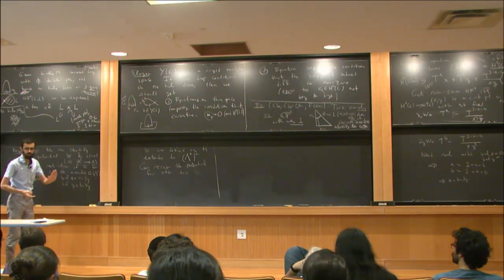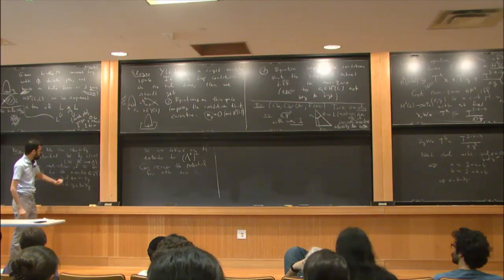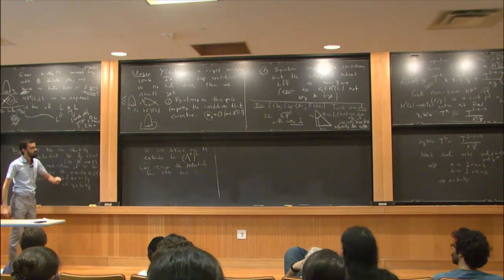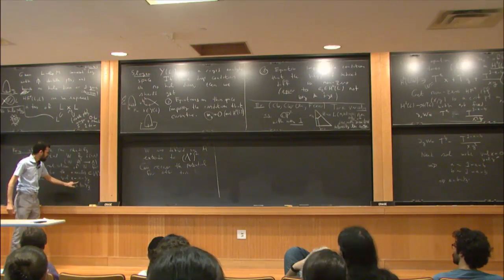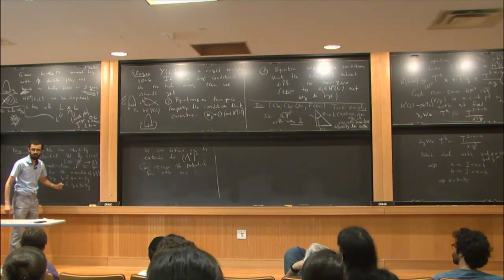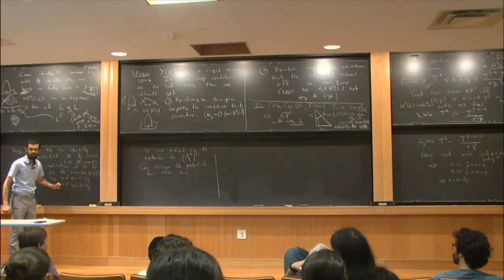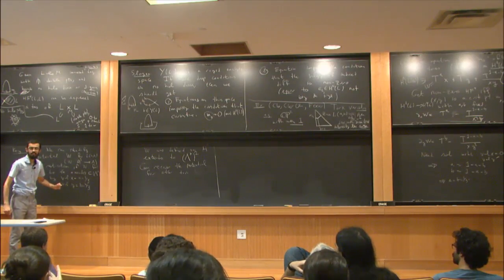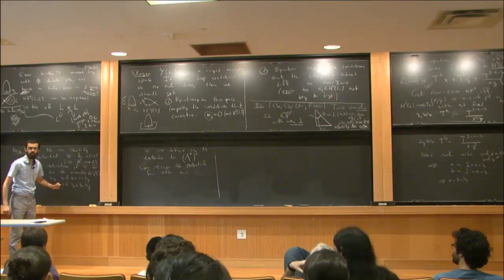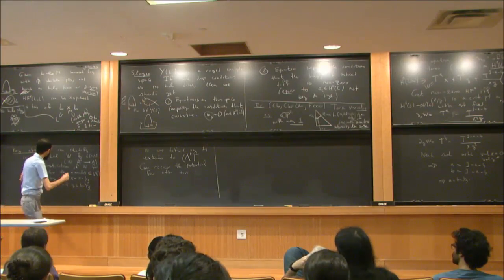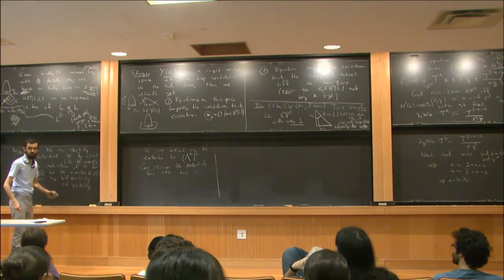If A and B both satisfy that equation, then they give you an annulus. What is the thickness of the annulus? Zero thickness annulus, that's right.